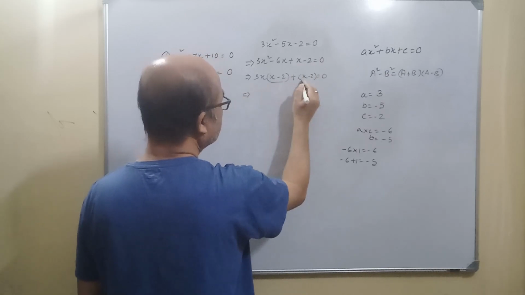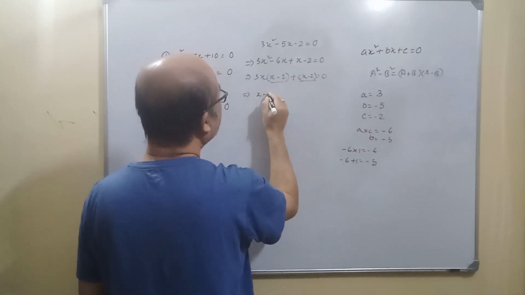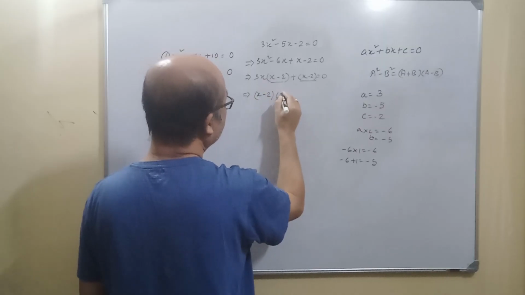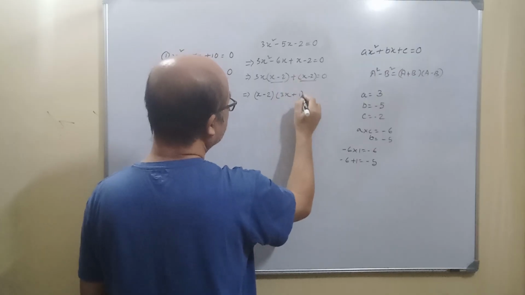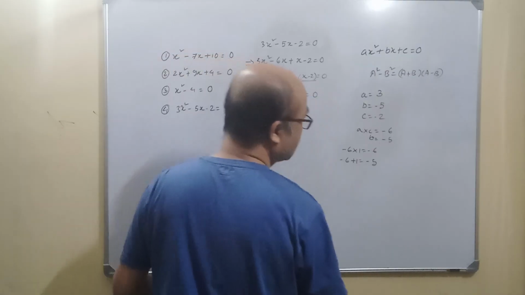And this is equal to, this is common, x minus 2 into 3x plus 1 equal to 0.